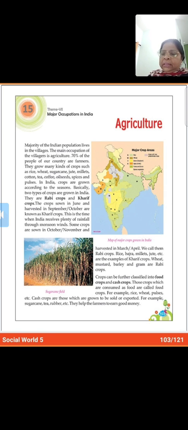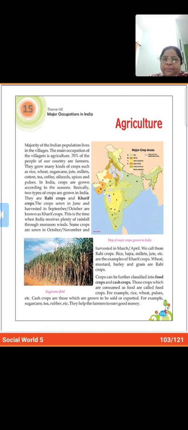Okay, and in this chapter, we are going to study about types of crops, that is Rabi crops and Kharif crop. And moreover, two more are there, that are food crop and cash crop. So now I have read this.